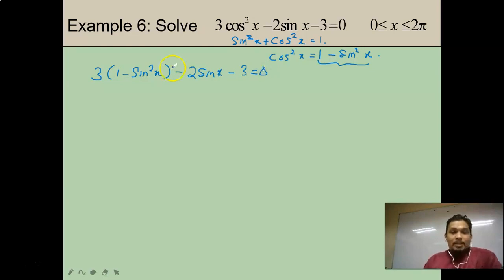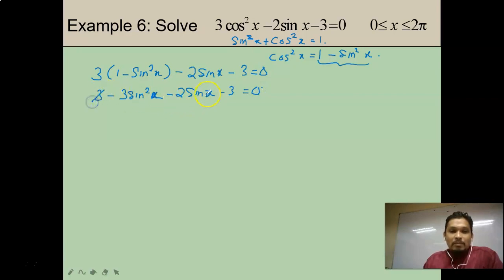Okay, so then here becomes 3 minus 3 sine square x minus 2 sine x minus 3 equals 0.